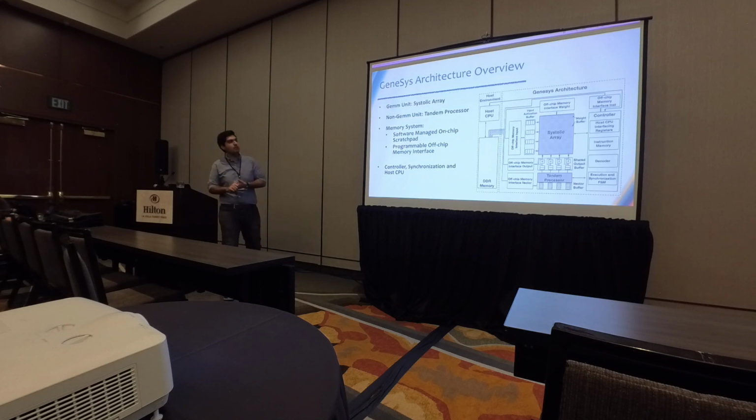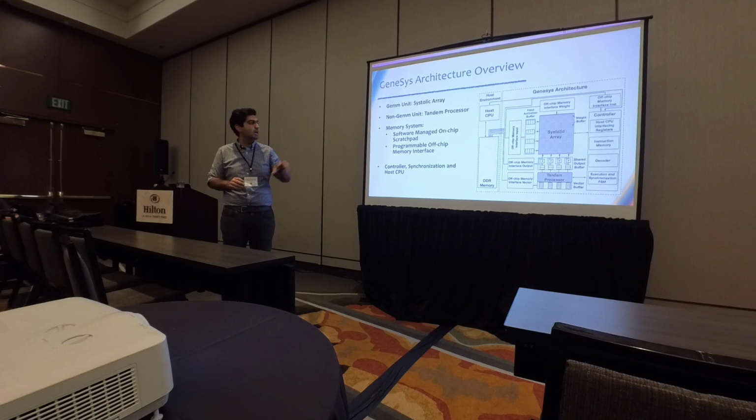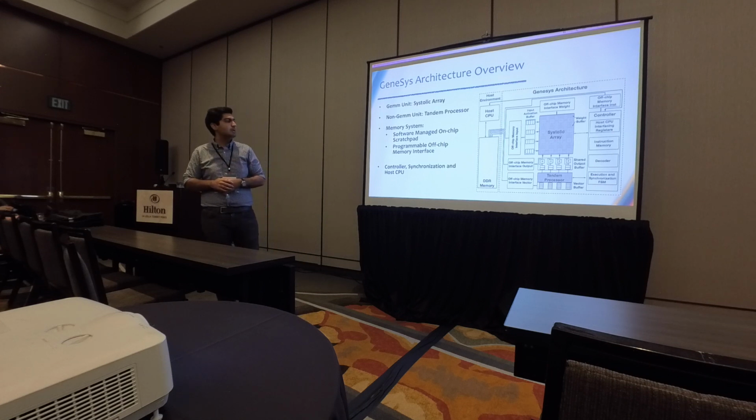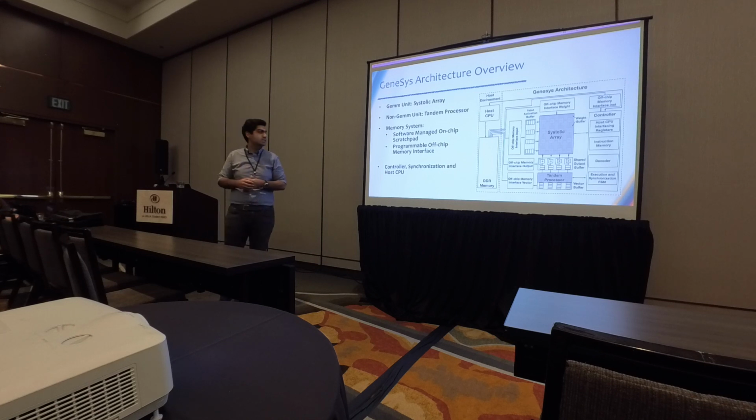So let's talk about the overall architecture and the way that it looks. On the right, you can see there are two main processing components for GeneSys. There is one systolic array, which is similar to any systolic array that we have seen, like Google's TPU, for example, that's in charge of performing all the convolution and GEMM-style operations.